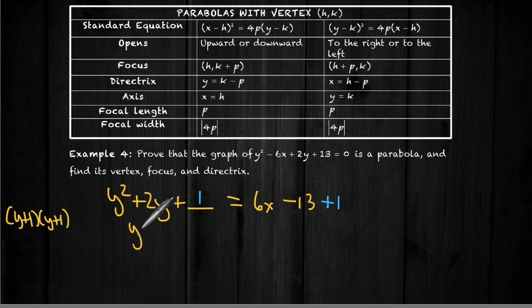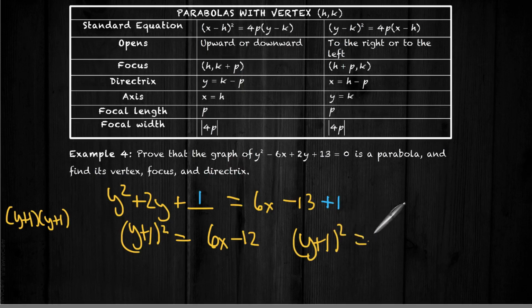However, we can write that as (y + 1)² because it's always going to be half of this middle term. That's going to be the shortcut. So it's going to be (y + 1)² = 6x − 12. Now we can factor out a 6, so we get (y + 1)² = 6(x − 2).